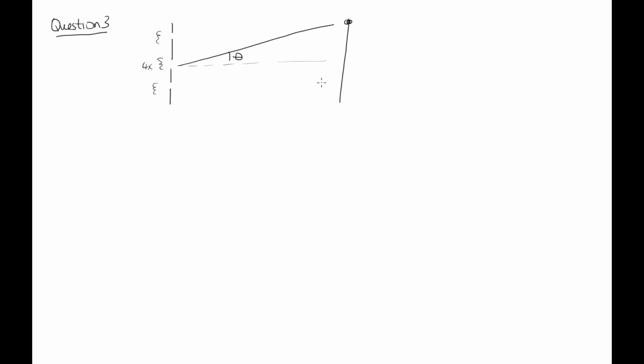And we're told that we can denote the intensity of the radiation from the outer slit, so that's this one and this one, at the center of the screen as I naught.